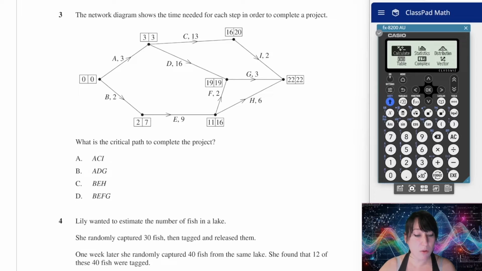And so, as long as we know that the critical path follows the vertices where the earliest and latest start times are the same, we can find the critical path. And so that would follow along A, D, and G. And so the correct answer is B.